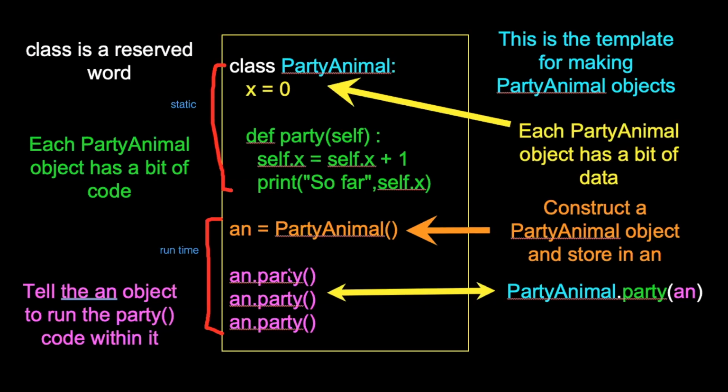of the pink. So at runtime, you're creating an instance of a party animal, and then you're invoking party. And at runtime, you don't have to specify self because there is no self. Self is a terminology that we use in a static way, in a static section of your code. Self is being used to represent the memory address associated with the instance of a party animal.